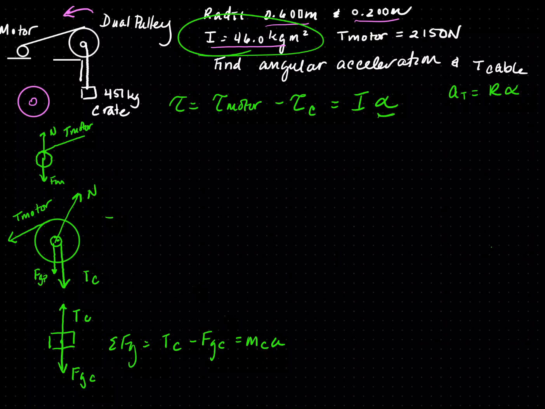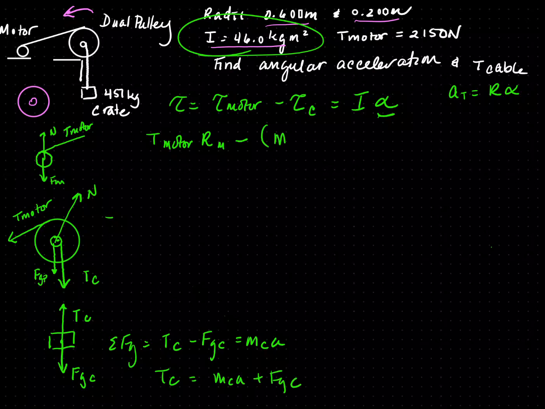So if I substitute in equation values, torque motor becomes tension motor over R of the bigger pulley, minus the tension of the crate, which is equal to Mca plus Fgc.